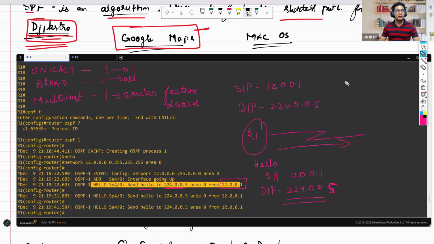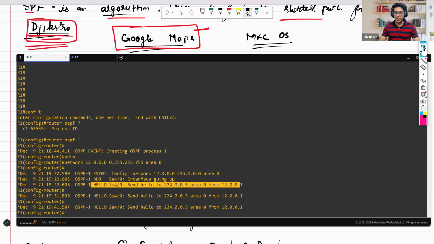Multicast is like, let's say, a single room. Imagine there are 100 people in a room.